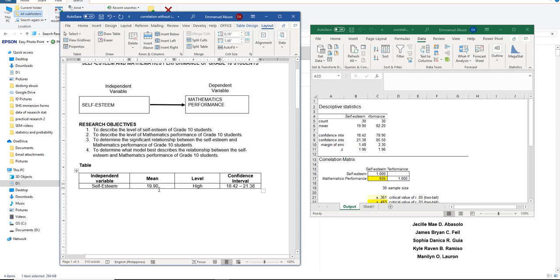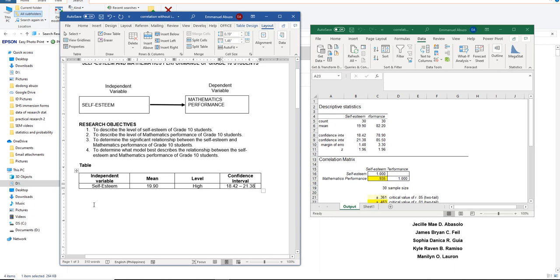Remember that the 19.9 is just a sample mean, and we have not yet computed the population mean. So this means that within this interval, at 95% confidence interval, we can say that the population mean is within this interval. And the 19.9 is within this interval. This means it could be that the 19.9 is a true representative of our population mean.